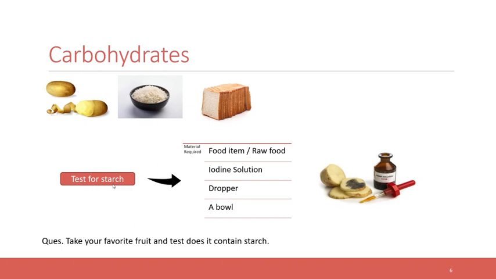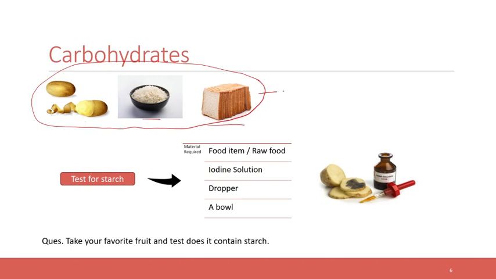We know that these food items contain carbohydrate, but how did we get to know about this? We are going to study that. Potato contains carbohydrate, rice contains carbohydrate, bread also contains carbohydrate, but we'll do a small test to find out if it is really present in these food items or not.